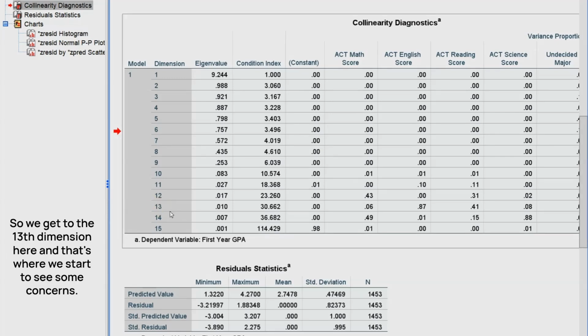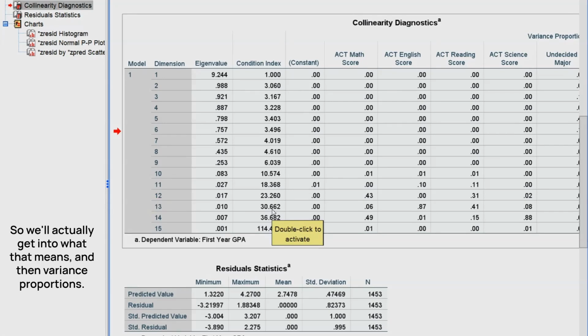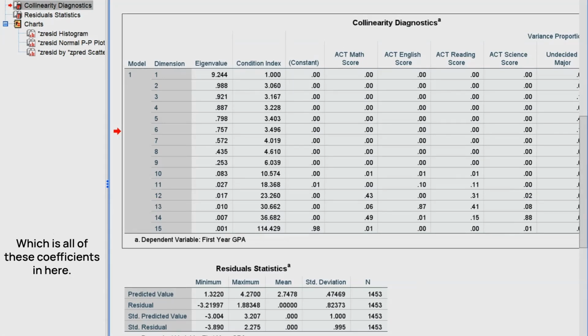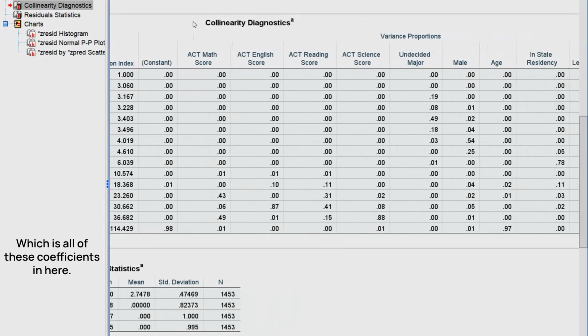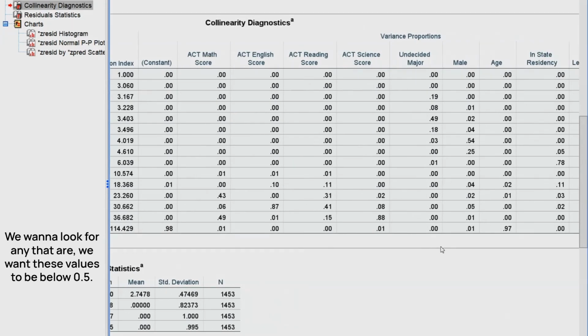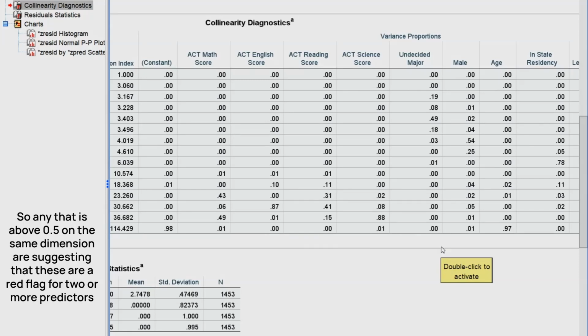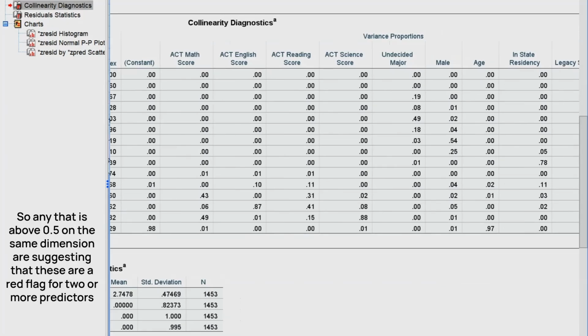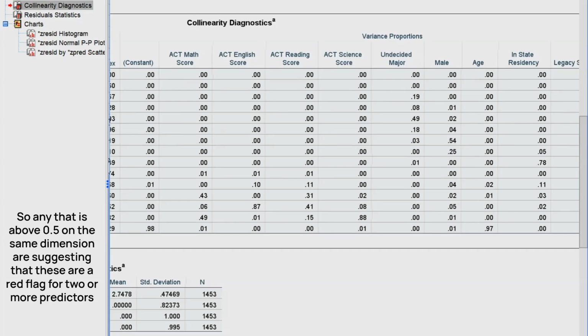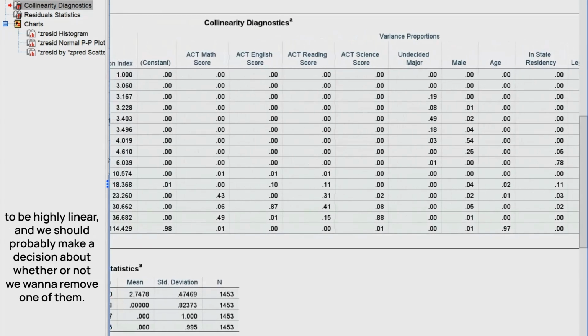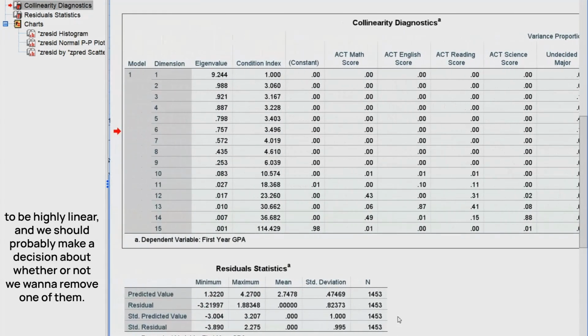So we get to the 13th dimension here, and that's where we start to see some concern. So we'll actually get into what that means. And then variance proportions, which is all of these coefficients in here, we want these values to be below 0.5. Any that are above 0.5 on the same dimension are a red flag for two or more predictors being highly collinear, and we should probably make a decision about whether or not we want to remove one of them.